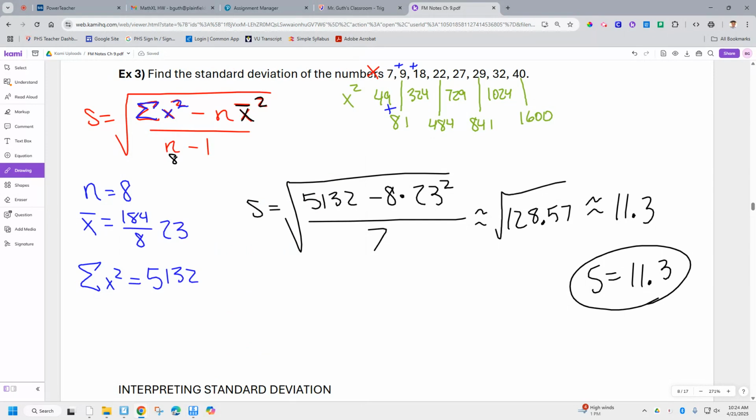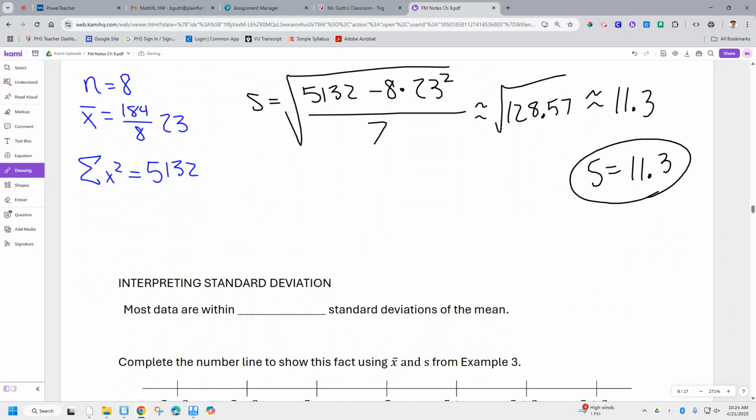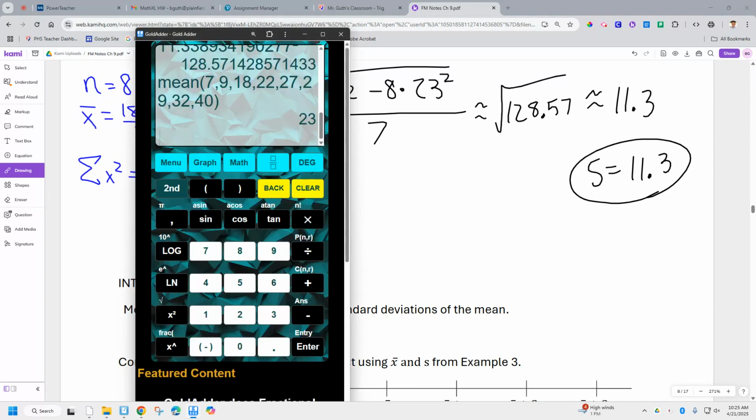But that's standard deviation. Standard deviation is a number, and it's talking about how much those numbers vary from the mean. It's kind of a number that's trying to pinpoint how much the numbers vary from the mean. If the standard deviation was 0, that means those numbers don't vary at all from the mean. I suppose we could check that out.